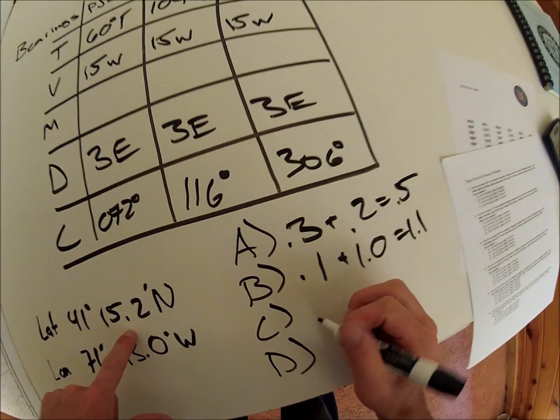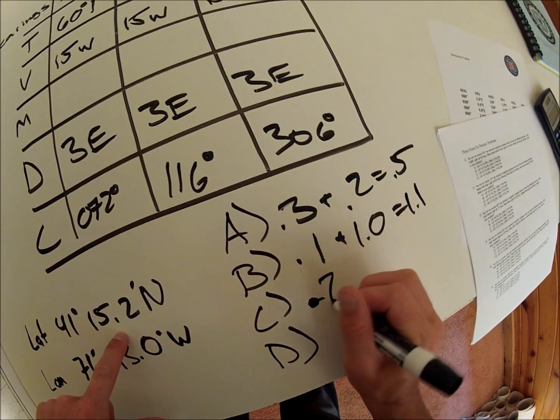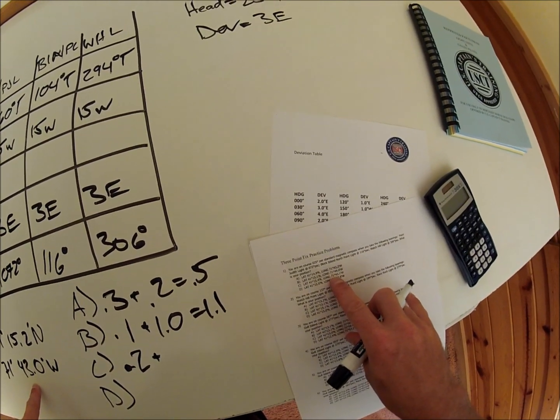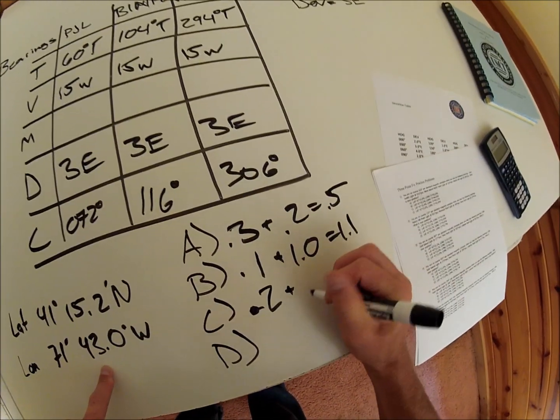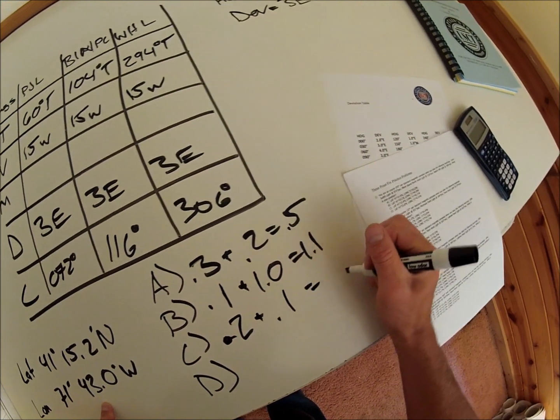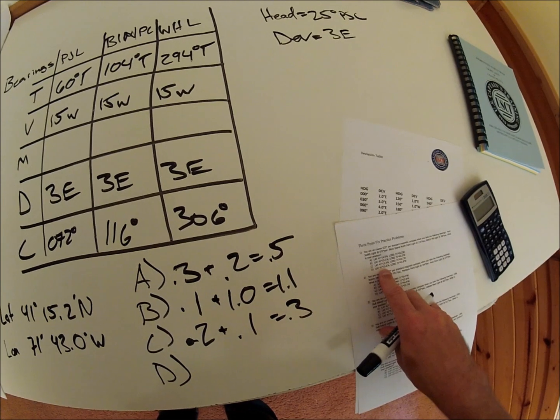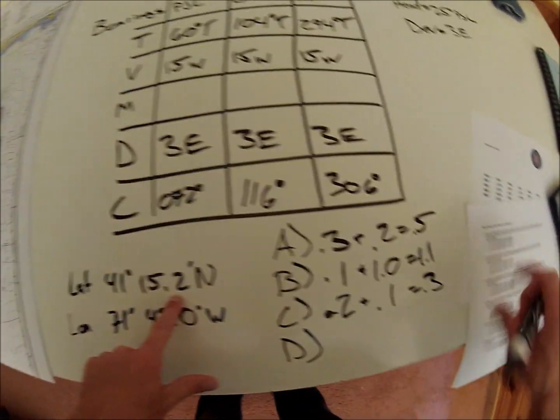C. 41 15.4 is 0.2. And 71 43.1. This is 0.1. This one's only 0.3 away. D. 41 15.6. So this is 0.4 away.